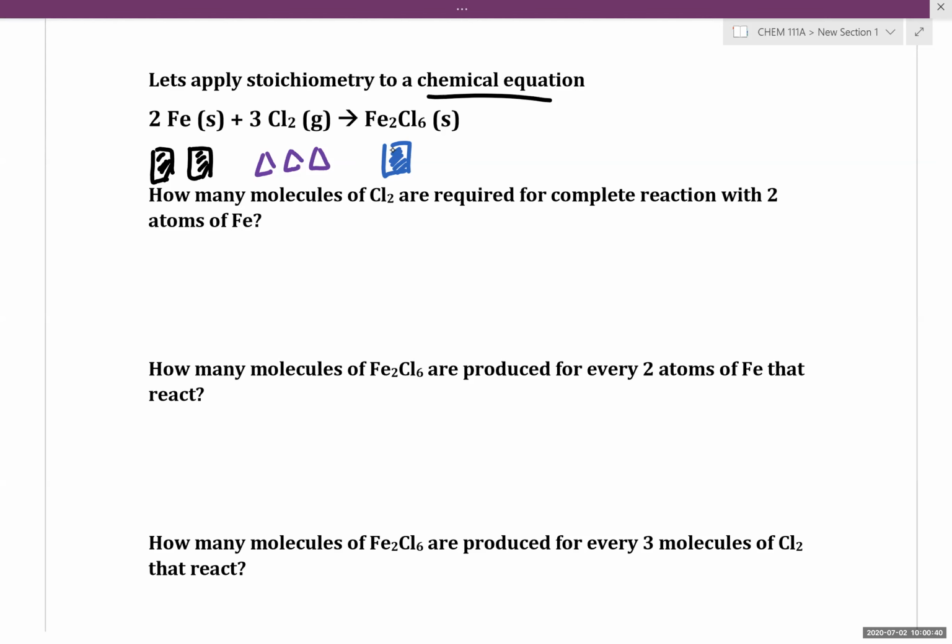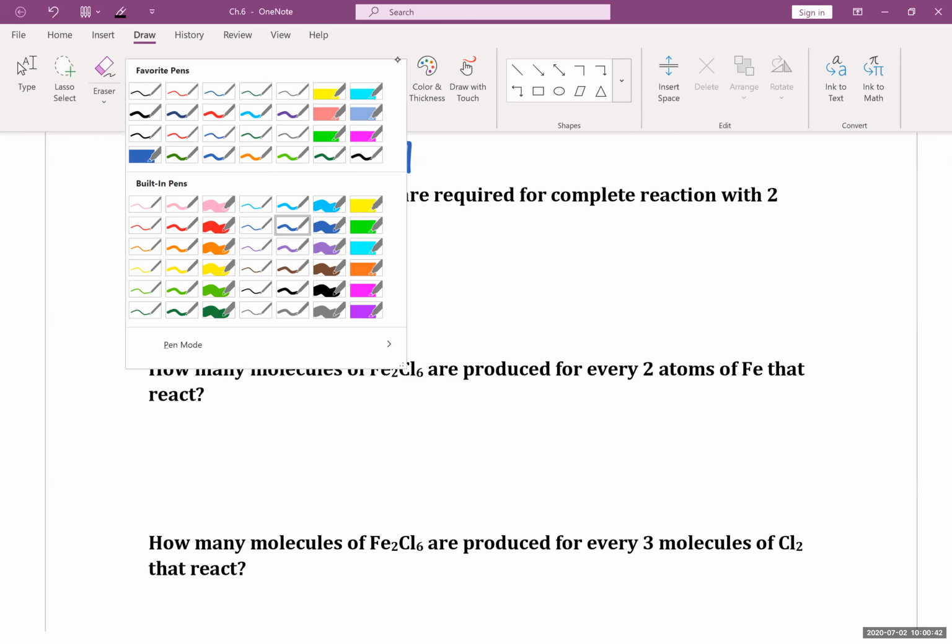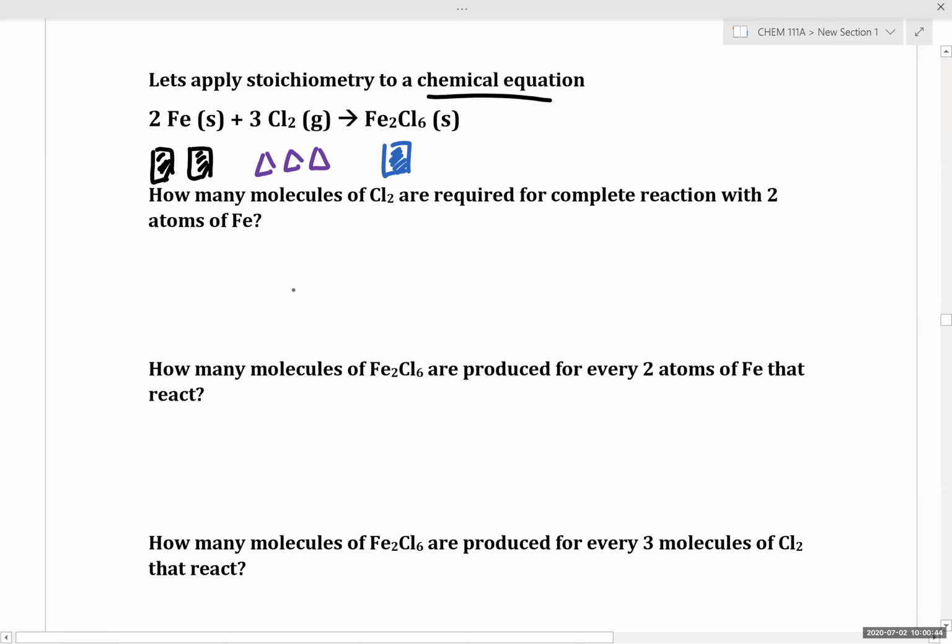Okay, so let's try to answer these questions that are built very similarly to our bread and cheese example. So first, how many molecules of chlorine gas are required for complete reaction of 2 atoms of iron?